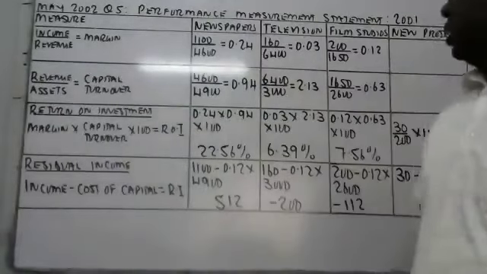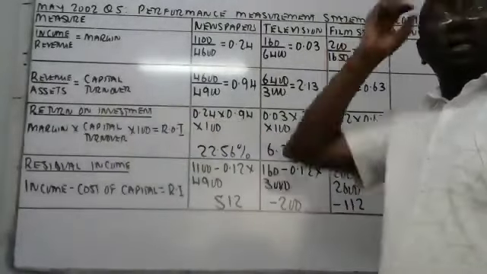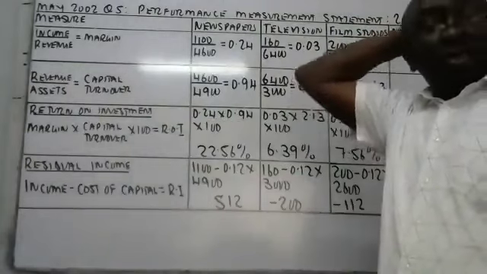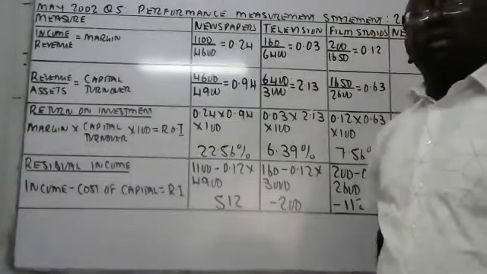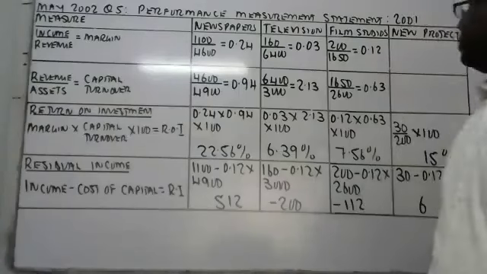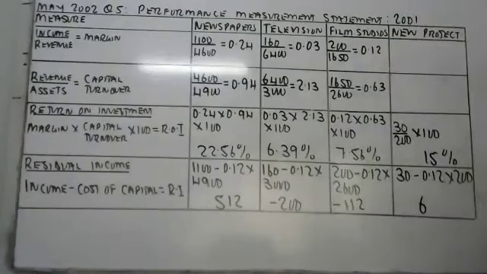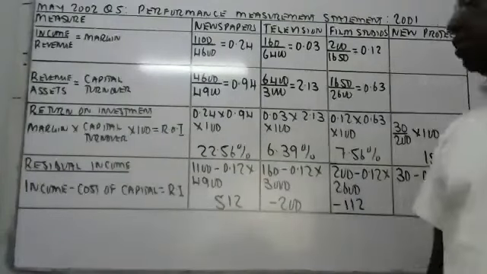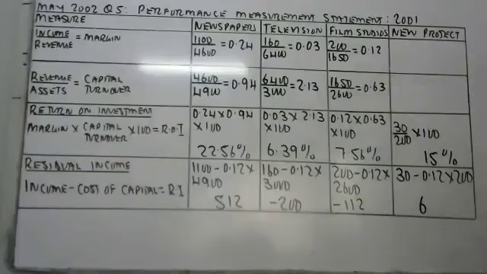When using the return on investment method, the new project should be rejected.